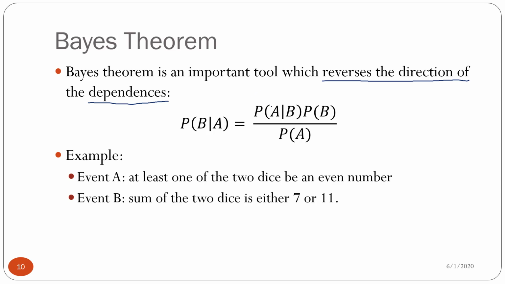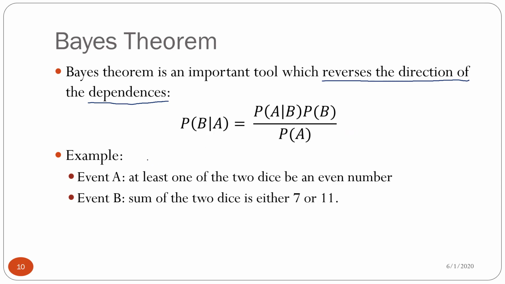Use this formula: the conditional probability of B given A is equal to the conditional probability of A given B multiplied by the probability of B, divided by the probability of A. Probably this is difficult for you to remember, but I'll give you a trick to remember Bayes' theorem. That will come in the next slide.